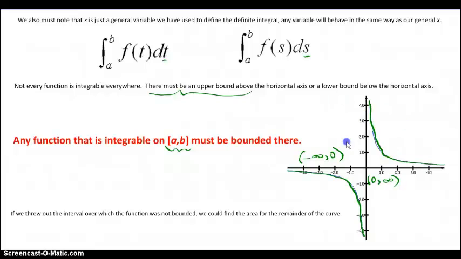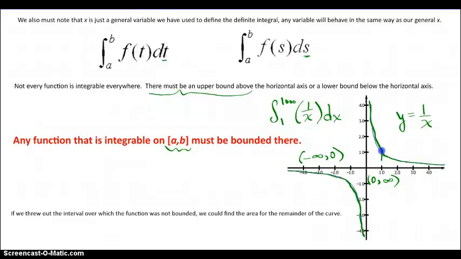Let's say that I wanted you to accumulate area in the plane from 1 up to, I don't know, 1,000, underneath this function. Hopefully you recognize this is the parent function, y equals 1 over x. So I want you to accumulate the area trapped in the plane, starting at x equals 1, stopping at x equals 1,000, trapped between this function and the horizontal axis with respect to x.